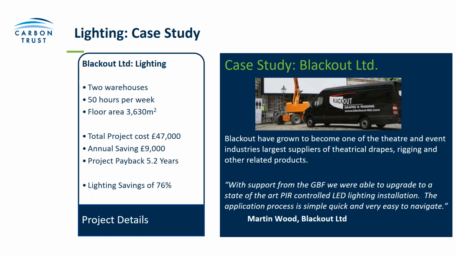Part of that really came down to the upgrade to PIR controlled lighting in some of their storage spaces, and that really gave them that high level of savings that you can see there, of around 76%. So yes, they were able to benefit from moving from less efficient sources to LED, but they maximized the benefit by including control savings as well.